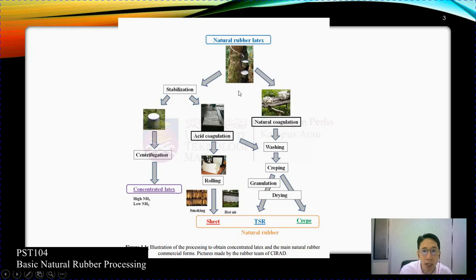Whereas for natural coagulation, the auto-coagulated rubber, or cup lumps, or what we call scrap, you go through washing, creping, granulating, and drying to produce either rubber sheets, rubber crepe, or technically specified rubber. And this rubber will be used to produce SMR, the Standard Malaysian Rubber itself.